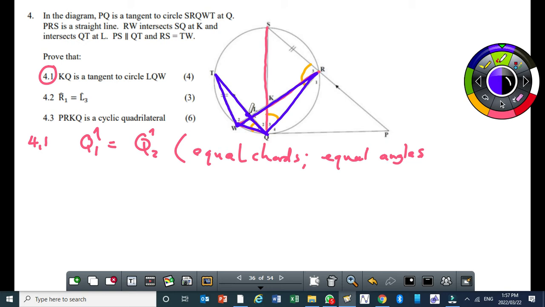Okay, let me see that. Okay, it's actually W2 is going to be equal to that whole angle there. That is Q2 plus Q3. Okay, so I can say W1 is equal to Q2 plus Q3. And the reason will be angles in the same segment.